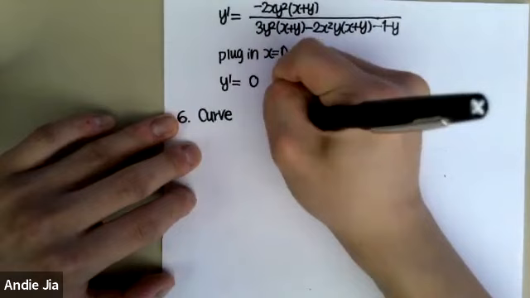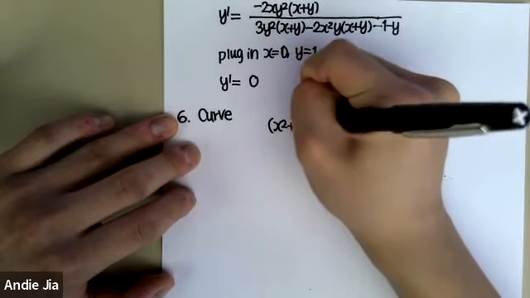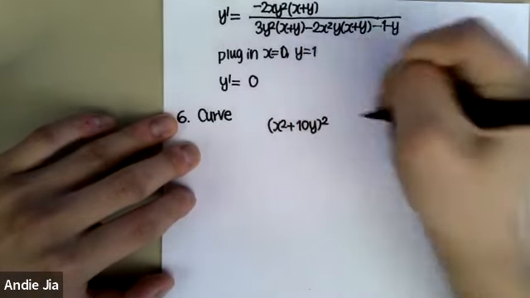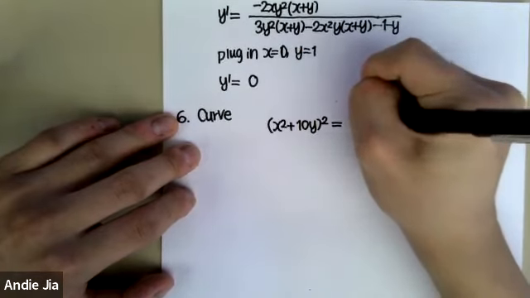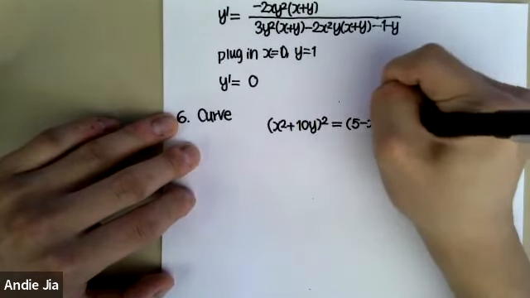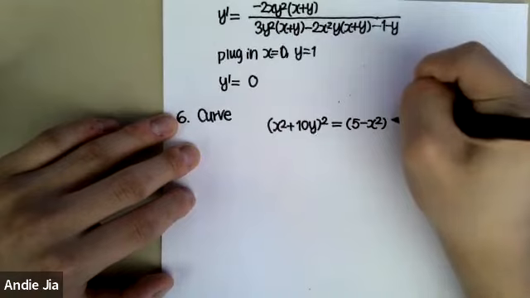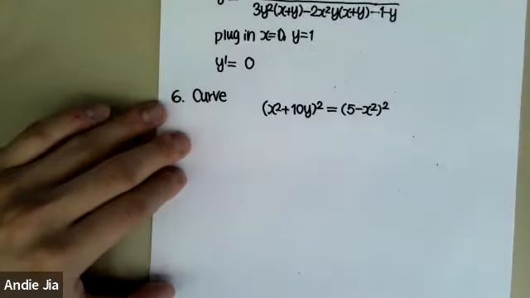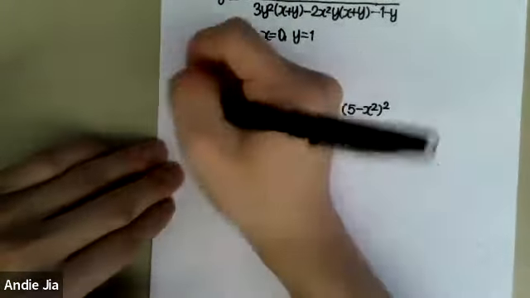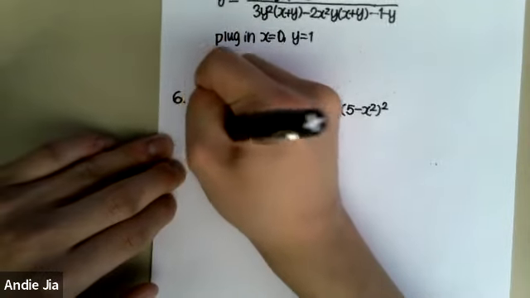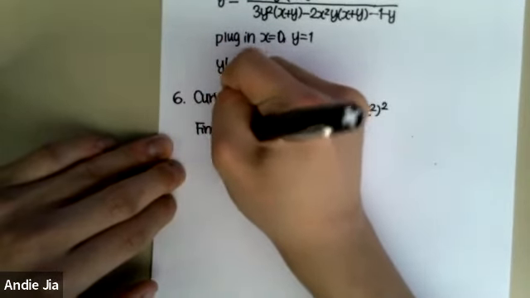So it's going to be x squared plus 10y, all squared, equal to 5 minus x squared, all squared. So find the equation of the tangent line.